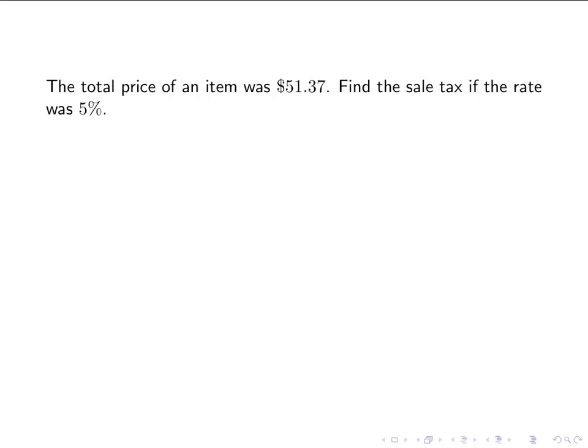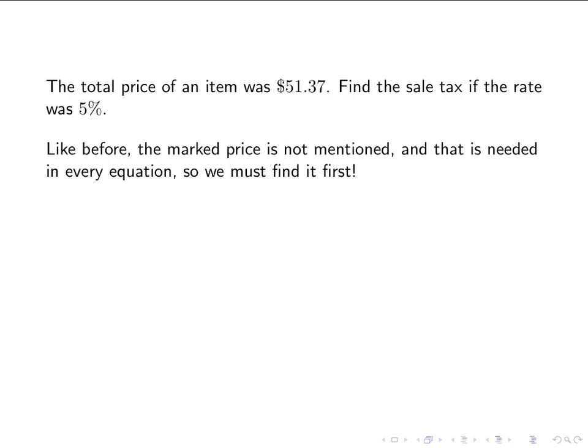The total price of an item was $51.37. Find the sales tax if the rate was 5%. So we have TP, we want ST, and we know R. So this is another situation where we don't have the marked price. So again, we're going to have to find it first. So based off of the information we have, we want to use the third equation.